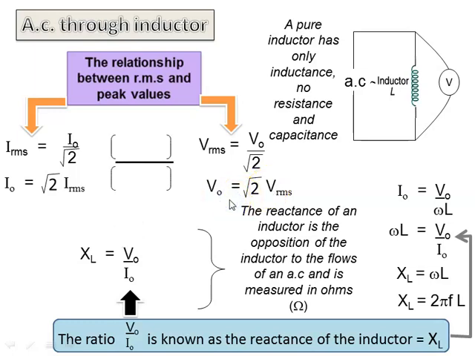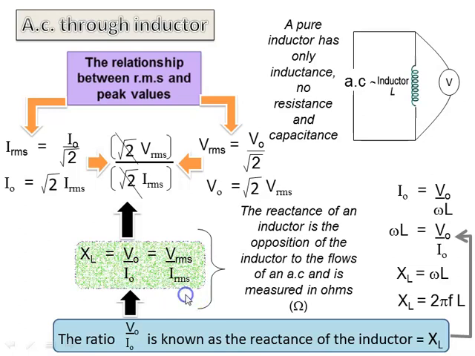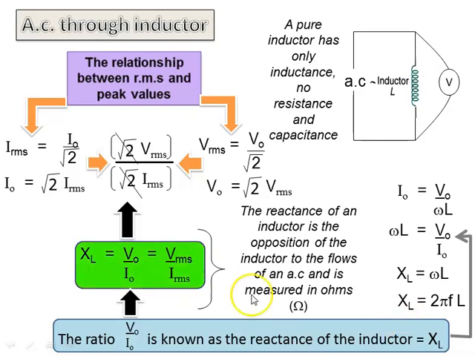So we substitute I naught and V naught into the equation here, and then we can cancel out root 2. So the equation now becomes Vrms per Irms. Therefore the reactance of the inductor is also equal to Vrms per Irms. So now we have two equations of reactance for the inductor.